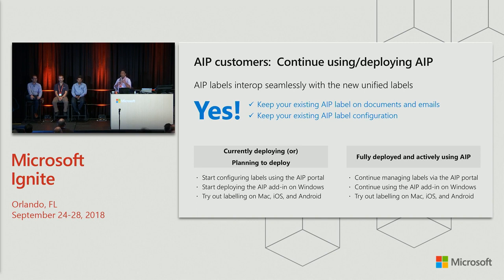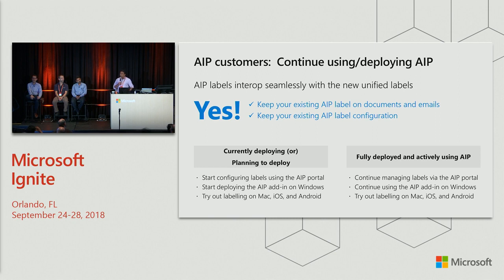So you can keep the existing labels that you have on your documents and emails if you're already using AIP. If you have an existing AIP label configuration, keep it. It works. For customers thinking about deploying AIP today, go ahead and deploy. Stuff will work, and we have a way for you to try out the new Mac, iOS, Android capabilities that you've just seen.